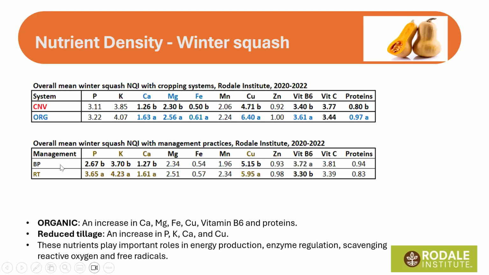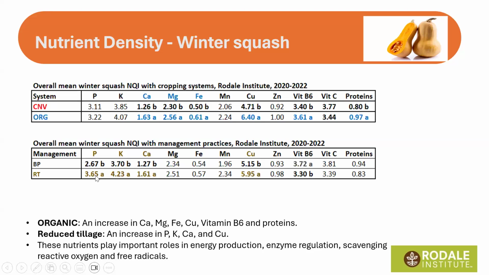When we looked at intensive tillage, which is represented by BP with black plastic, and RT, reduced tillage, we start to see more variation between the two practices, more of the phosphorus in the soil, in the crop, meaning the phosphorus is more coming and taken up by the plant in the reduced tillage.